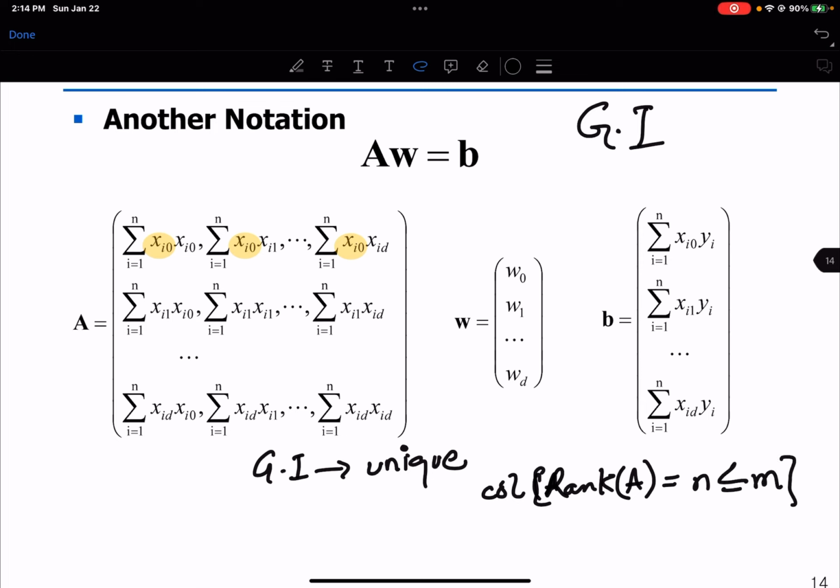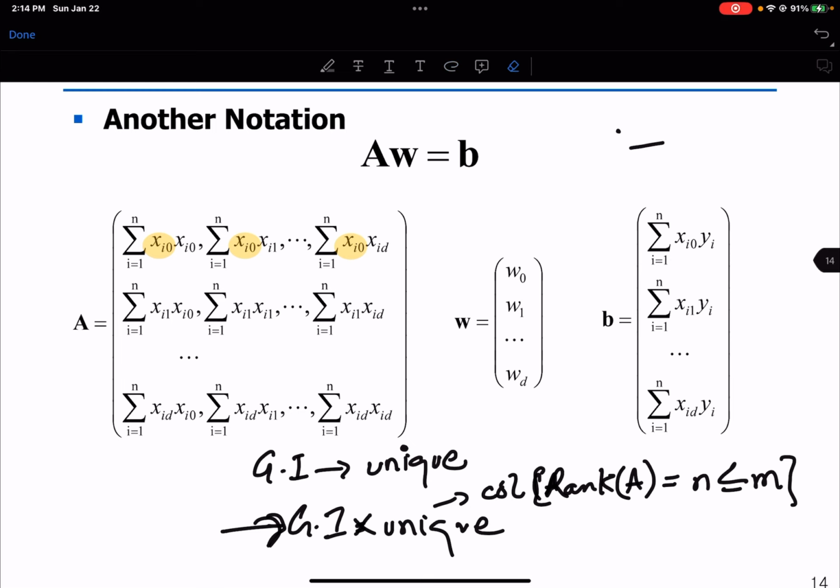So this condition should be satisfied, then your generalized inverse is unique. There can be some conditions when your generalized inverse may not be unique, but it will exist. So there can be some solutions of your matrix such that the inverse may not be unique. We'll discuss one example of that.